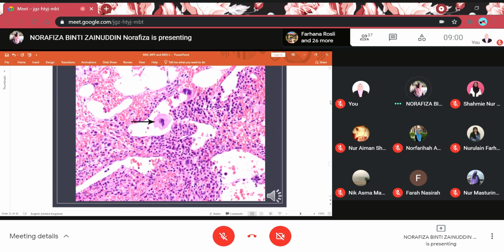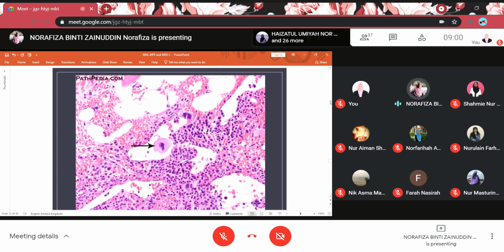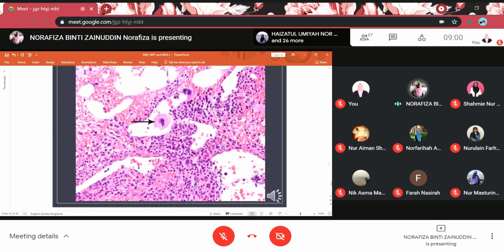Okay, so I think there is a disease that also shows teardrop shape of erythrocyte. Ada ke awak belajar dengan Dr. Saadah ke?